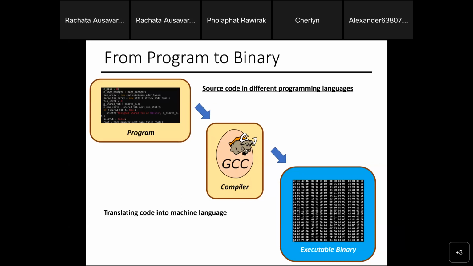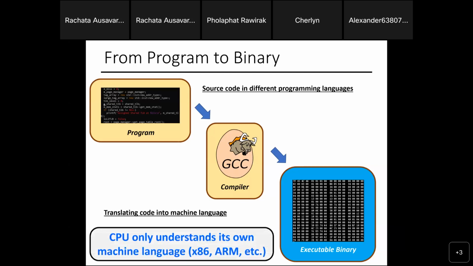So now, again, this is another really nice tool that abstracts away the complexity of how to make sure that every single programming language will run on your computer, right? Then the CPU only has to understand one thing. It can be, for example, if you use an Intel or AMD CPU, this will be x86 assembly. If you buy the M1 and M2 chip from Apple, this would be the ARM assembly.